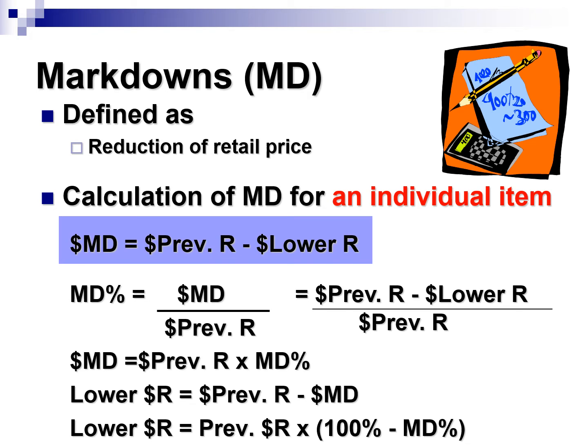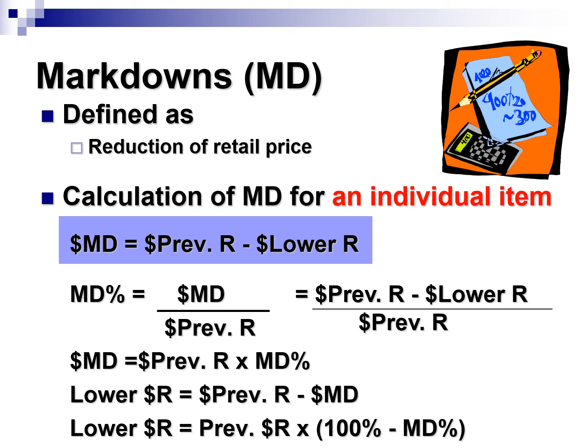Among all these formulas, the most important formula or concept that you absolutely must remember is the first one that I mentioned: the dollar markdown equals the difference between the previous retail and the lower retail. Very easy concept, obvious. It's something so simple that you should not even need a formula.